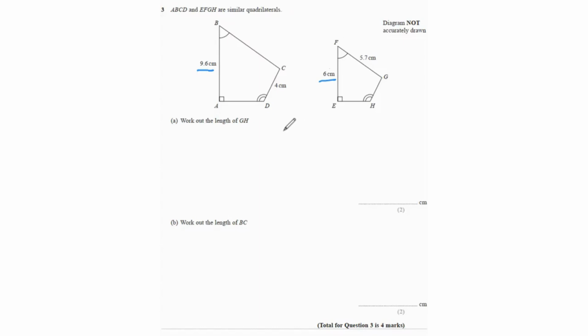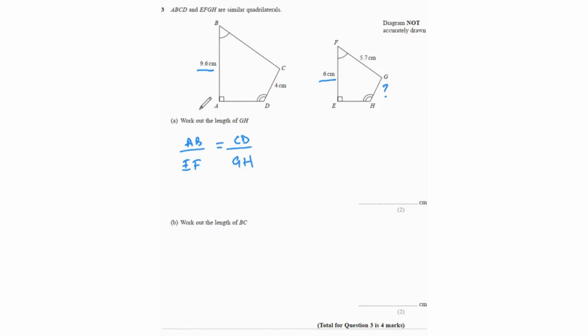So we need to work out the length of GH over here. This is what we need to find. So to find GH, first we'll find the scale factor. So for the scale factor, if we say AB over EF, that will be the same as CD over GH. Why? Because we said that the scale factor is constant between both the shapes.